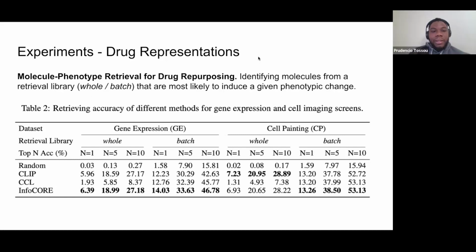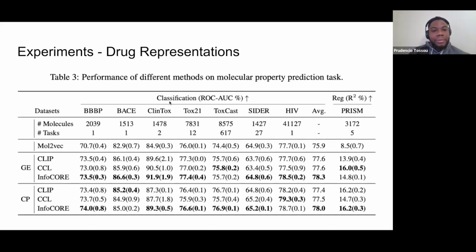Cool. And on the next figure, I'm not sure I understand why. So basically, you use the representation that was learned on the molecule side to test on other tasks that might not be related to the data collection process, to see if the representation is better. Yeah.